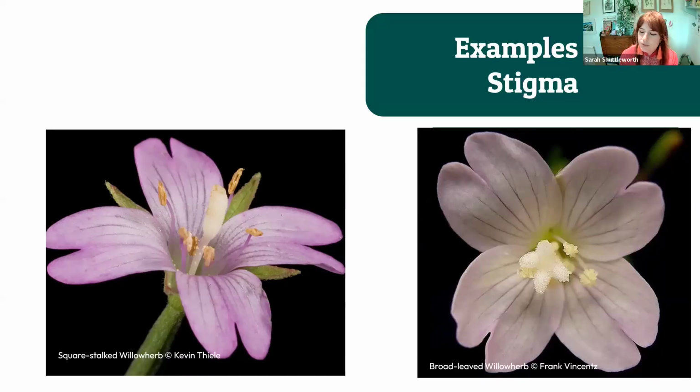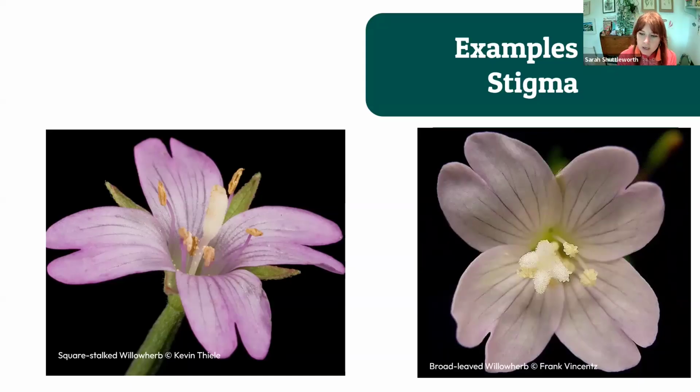So willow herbs, the epilobiums, are a really, really tricky group to identify. But one of the things that divides one half of the species from another is what shape your stigma is. You can see on square-stalked willow herb here, it's what's referred to as a club-shaped stigma. So it's just a simple elongated bit at the end of the style.